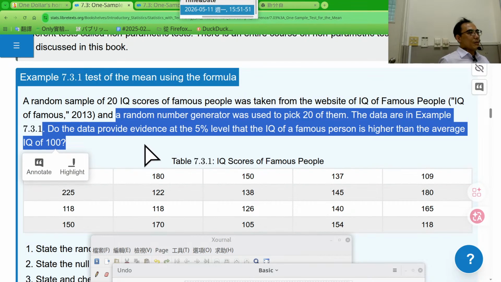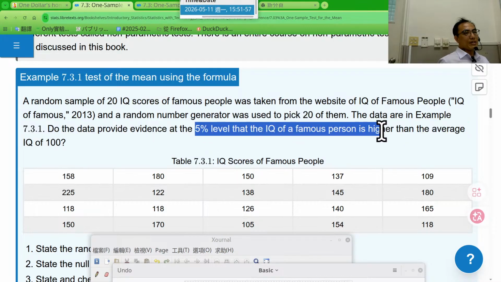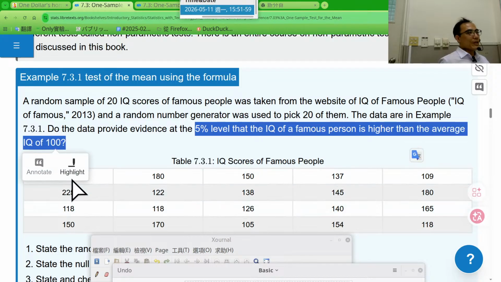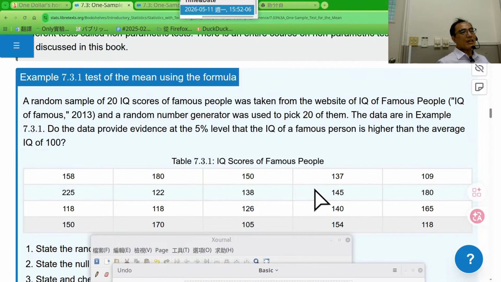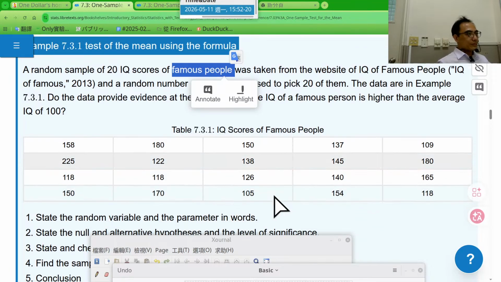Do the data provide evidence at the 5% level that the IQ of famous people is higher than the average of 100? Again, we think the population average IQ is 100, and for another special group we call famous people, after the test, what do you think about their IQ?